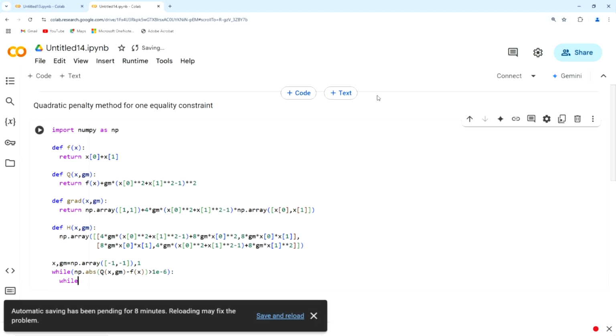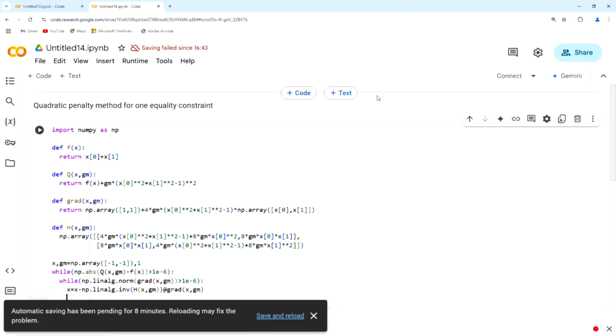Okay. So, if you recall what Newton's method is, you iterate while the norm of grad of x comma gamma is greater than 1 e minus 6 again, okay. x equal to x minus np dot linalg dot inv of h of x comma gamma at grad of x comma gamma. So, I have just done h inverse of x matrix multiplied with delta q of x, okay.